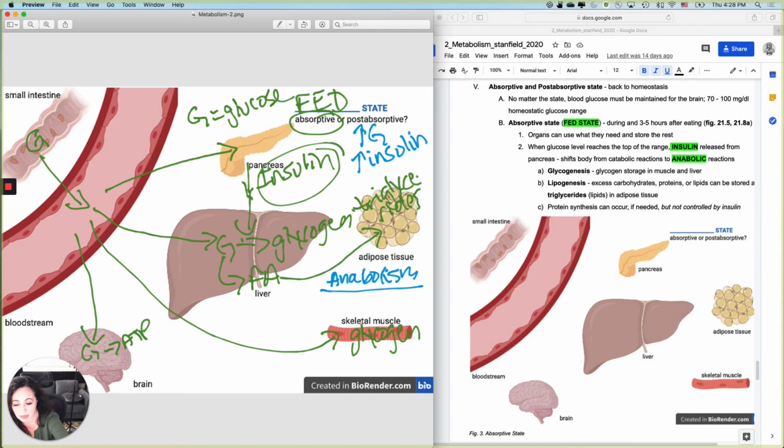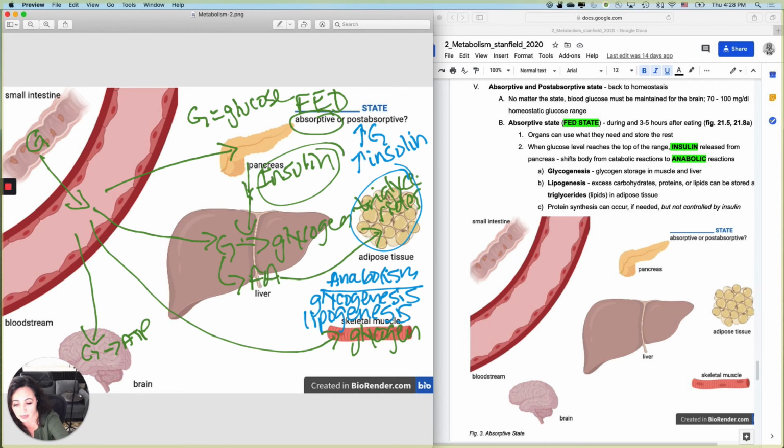And so the primary anabolic processes that are going to go on during the fed state, not the only ones, but the primary ones are glycogenesis, which is right here, and lipogenesis, which is right here. Okay, so this is sort of a big picture understanding of the fed state.